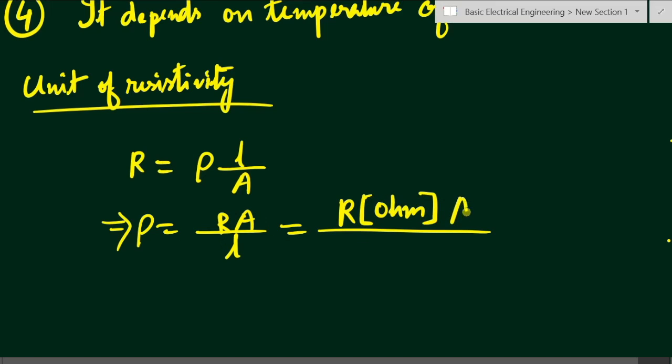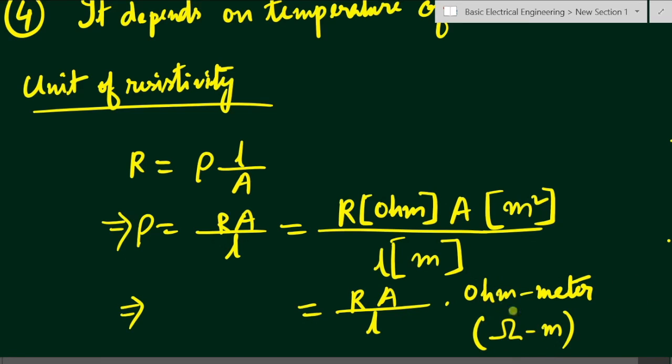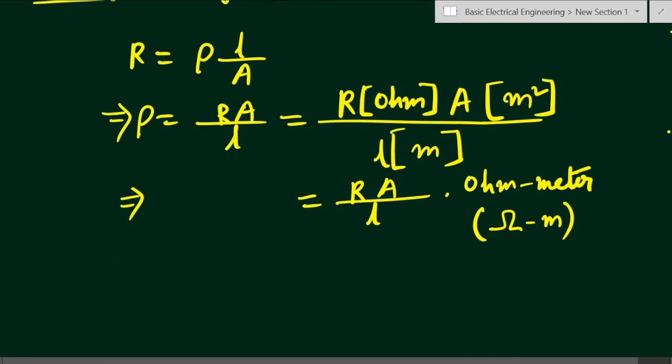For this A, the area of cross section, the unit is meter square. And this L is the length of the conductor, so the unit will be meter. So the unit of resistivity will be ohm meter. Okay, this is the unit of resistivity.